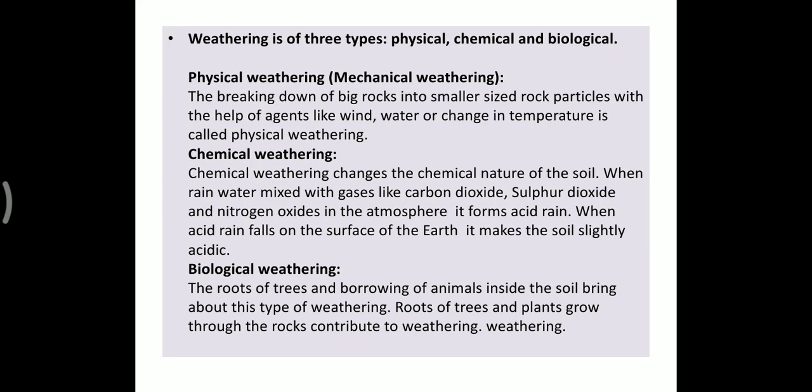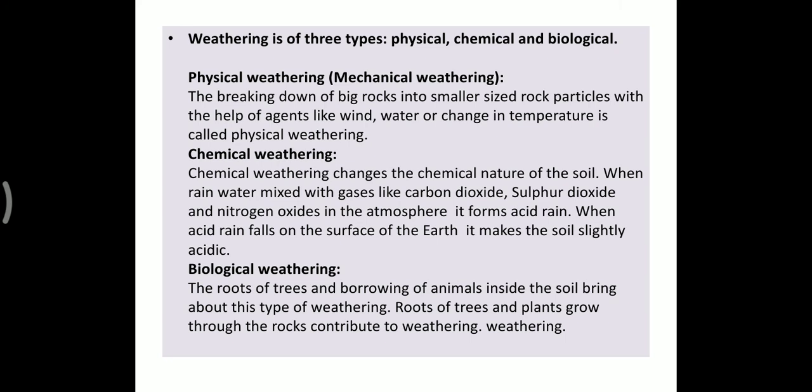In chemical weathering, you know very well children, there are so many gases present in the air, like carbon dioxide, sulfur dioxide, nitrogen oxide in the atmosphere. And when there is raining, then these oxides react with the rain and form acids. Like carbon dioxide reacts with water and forms carbonic acid.